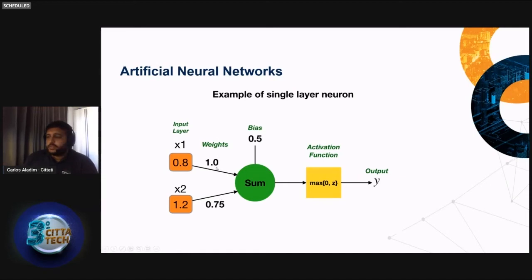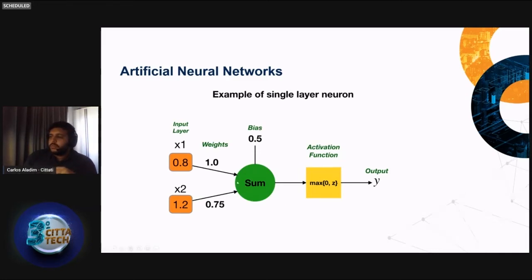By the way, the weights here are defined by the algorithm randomly at first, and after that they will get updated as time goes. We have a bias. A bias is a hyperparameter that is defined by the analyst. There is another one that I'm going to talk about later.